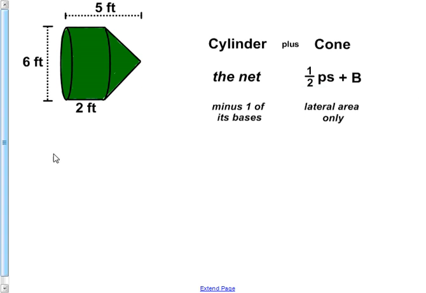So to make some adjustments, we will need to remove one of the bases of the cylinder, and we will want to only consider the lateral area of the cone. Once again, leave about 4 or 5 spaces worth of room on your paper so that we can look at the calculations in class together.